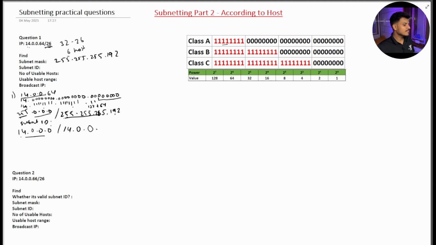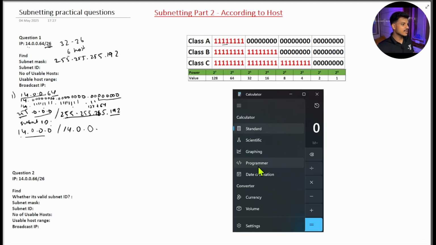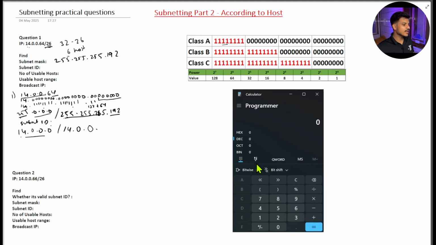Now in the 4th octet we have another value, that is 192. If we do the AND operation by opening the calculator, clicking on the three lines and selecting programmer, then writing 64, dropping down the bitwise option, selecting AND, typing 192 and clicking equal, you can see we get the value 64 only.